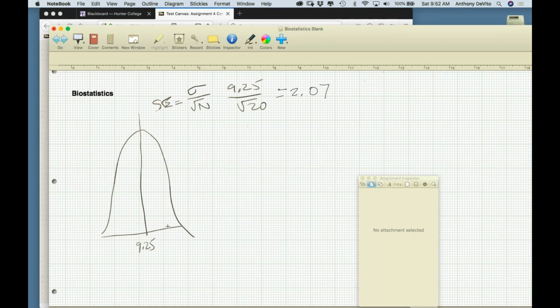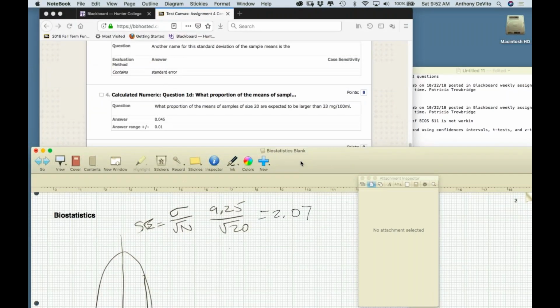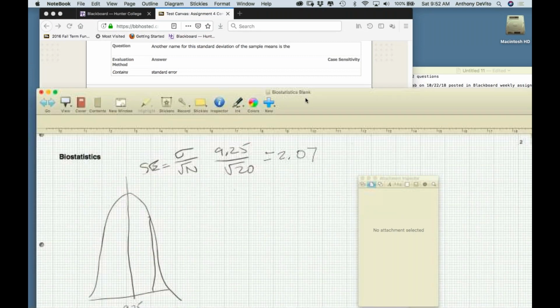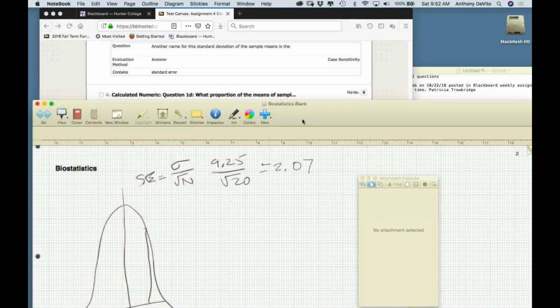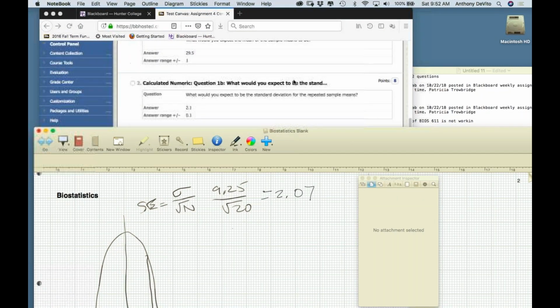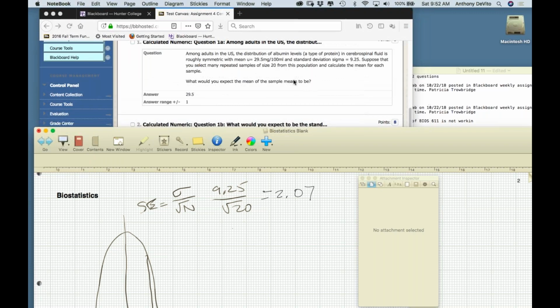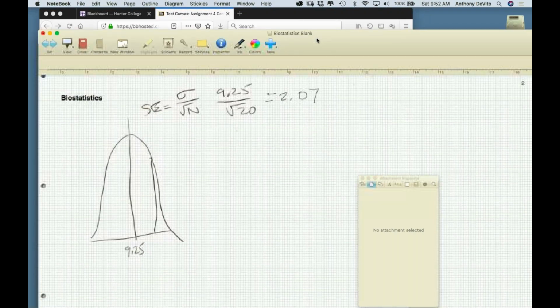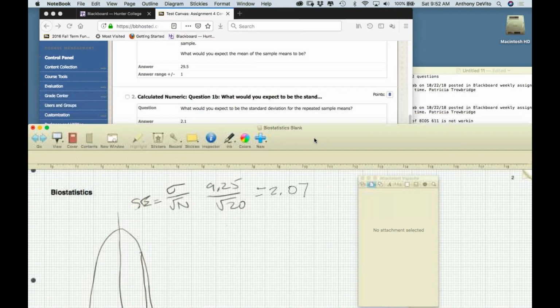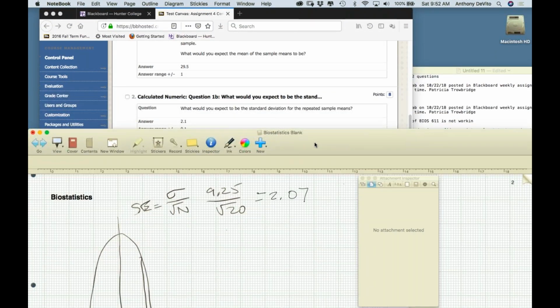So 33 is going to be over here. Okay, that seems weird. Oh, I'm sorry, did I get that wrong? The mean is 29.5. Excuse me, 29.5.